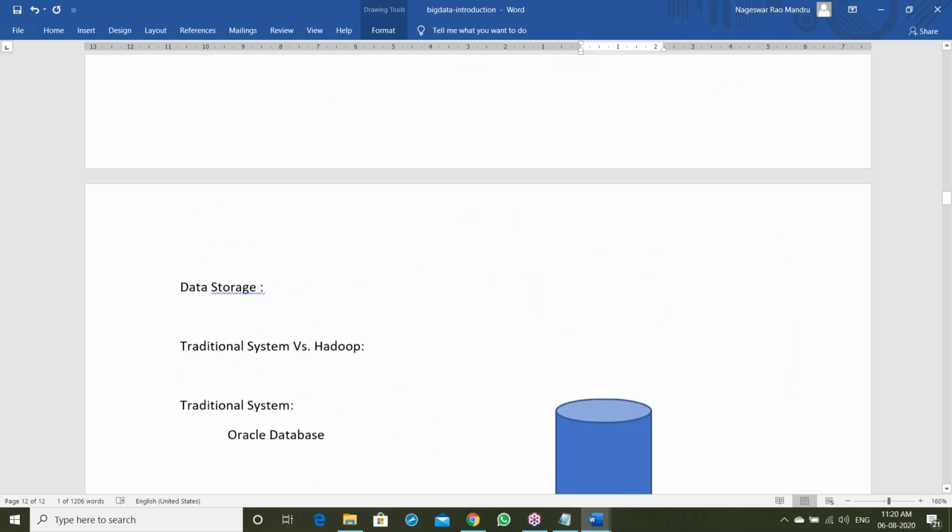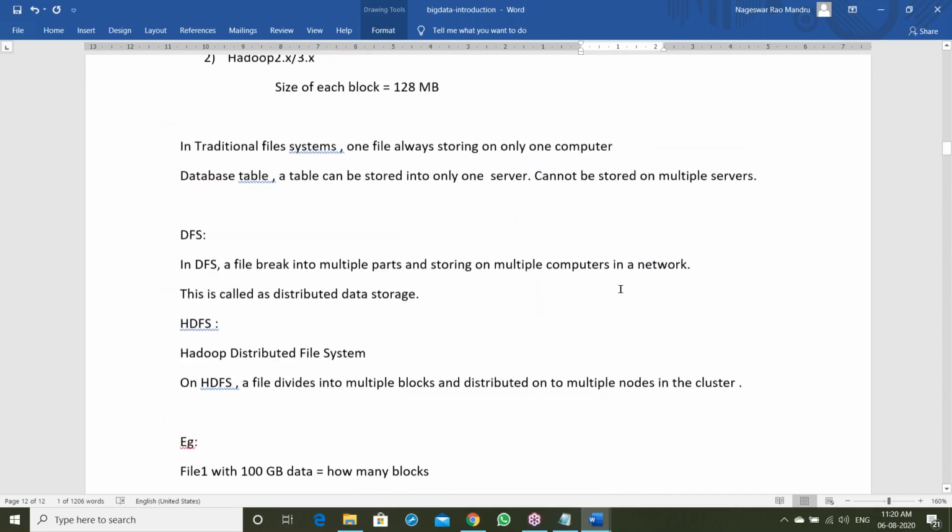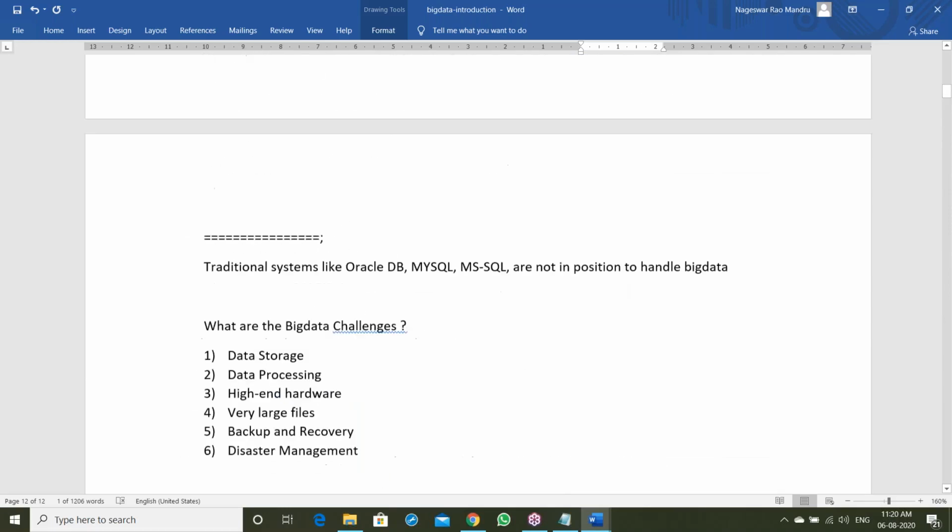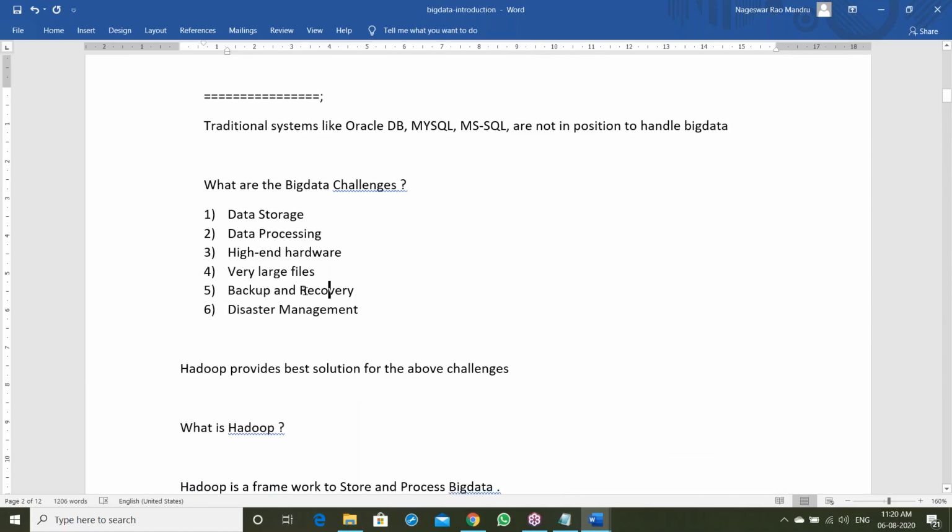Next, the solution from Hadoop. This is the solution for backup and recovery. For backup, 3 copies are maintained. For recovery, if any node fails, the data is replicated to another node automatically. So Hadoop takes care of this. Hadoop can store any amount of data. There is no limit here.